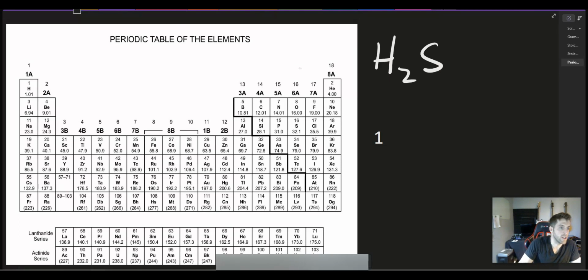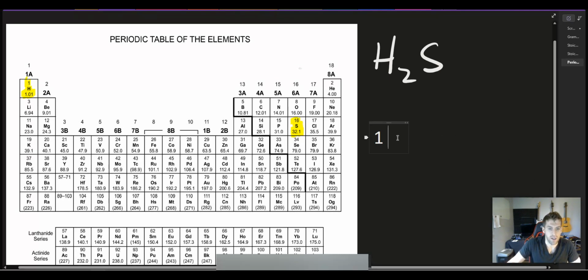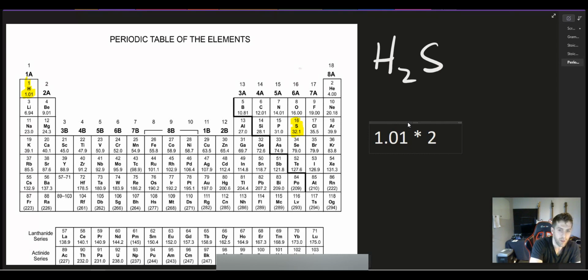Let's highlight where H is. So we see we have 1.01 of hydrogen, and we find our sulfur over here, a nonmetal, 32.1. Notice we do have 2 H's, so I'm going to put that in the equation here. We're going to start typing this out. So we have 1.01 for our hydrogen, but we have to multiply that by 2. We are then going to add, and due to order of operations, that multiplication will occur first.